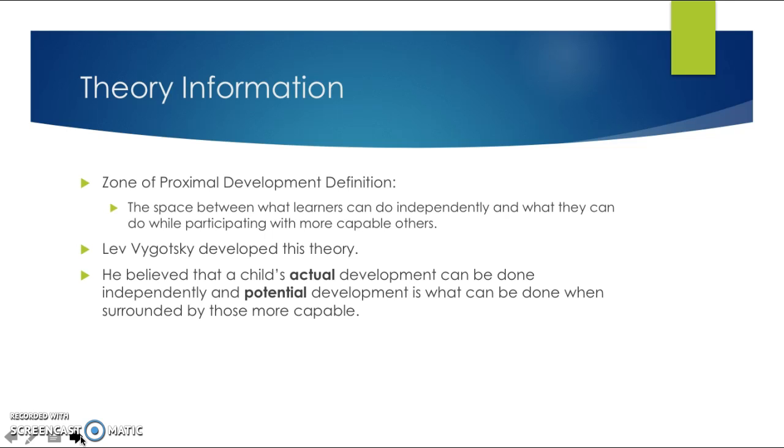So he saw that children had the potential of more development when they're around those who are somewhat experts in the field. It could be a classmate that is way ahead or has a really good understanding of it, or also a teacher or student teacher that is helping that child reach their full potential.